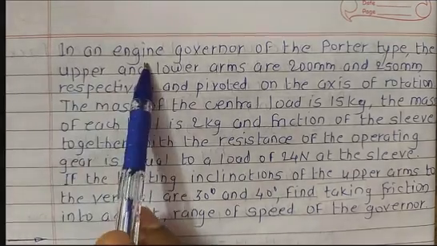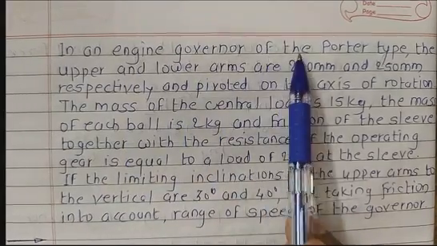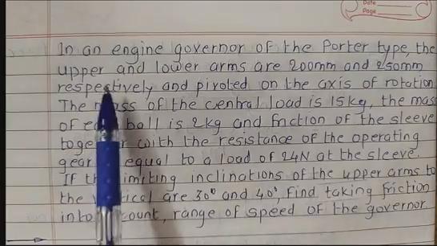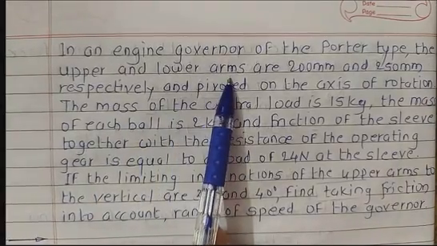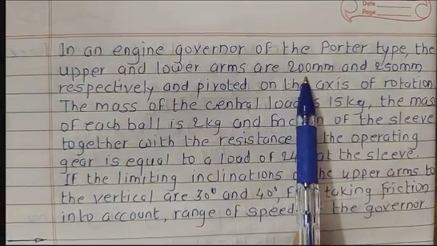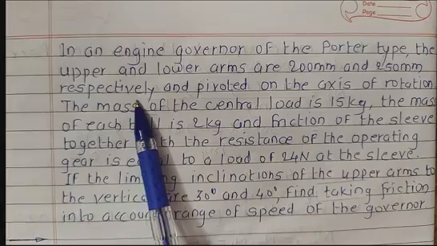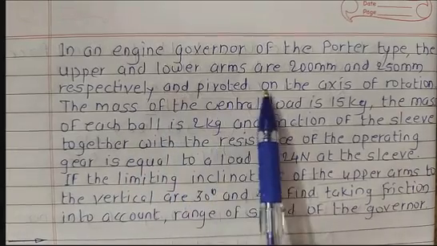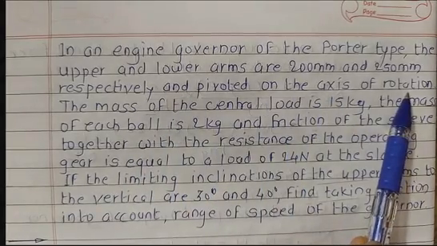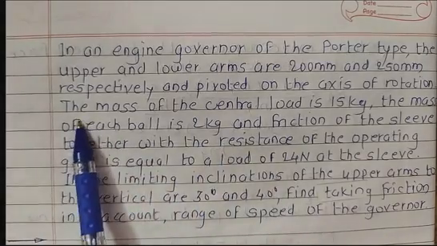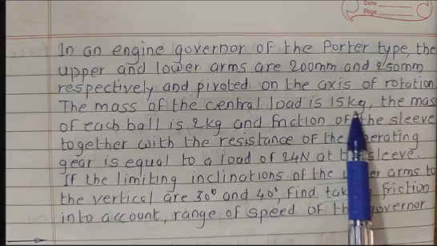In an engine governor of the Porter type, the upper and lower arms are 200 mm and 250 mm respectively and pivoted on the axis of rotation. The mass of the central load is 15 kg.